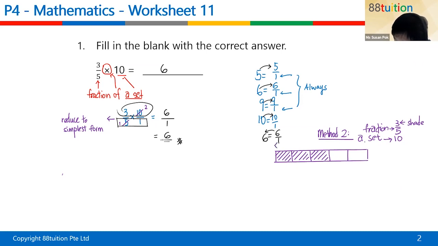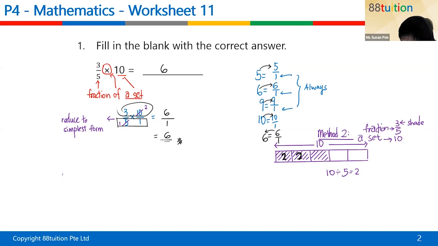And I say the whole set is 10. So when my whole set is 10, can I just put it like that? Actually, 10 is also 5 units, right? So since this is 10, how to find 1 unit? I use 10 divided by 5. This is 2. So technically inside is 2. So can I say this is 2?